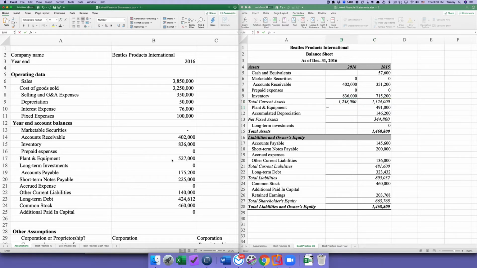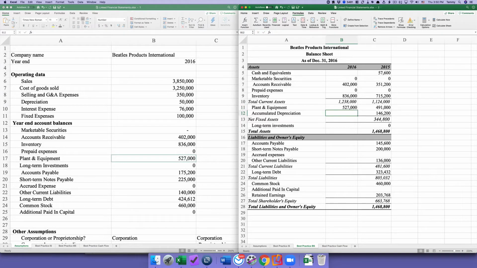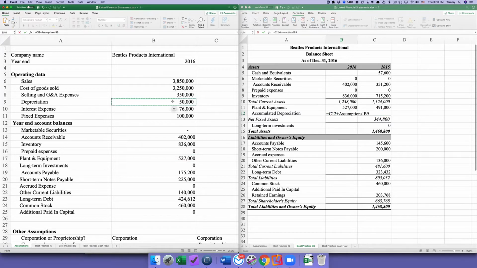Plant and equipment, net is here. Okay, accumulated depreciation, we are going to have to pick up also from the income statement, right? Because we're going to have to add this year's depreciation expense to last year's depreciation. So let's go ahead and do that. It's going to be equal to last year's depreciation plus this year's depreciation expense.